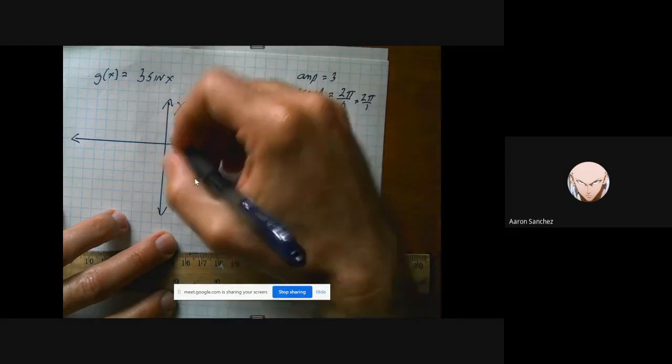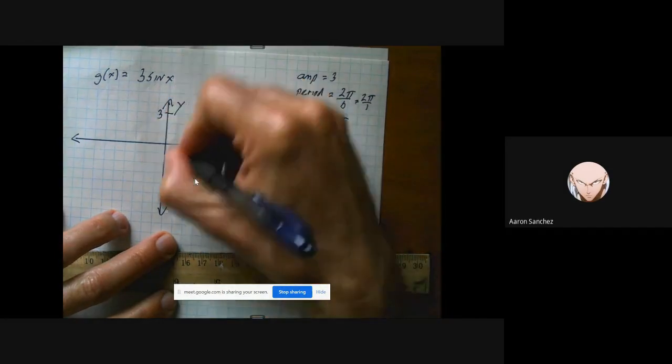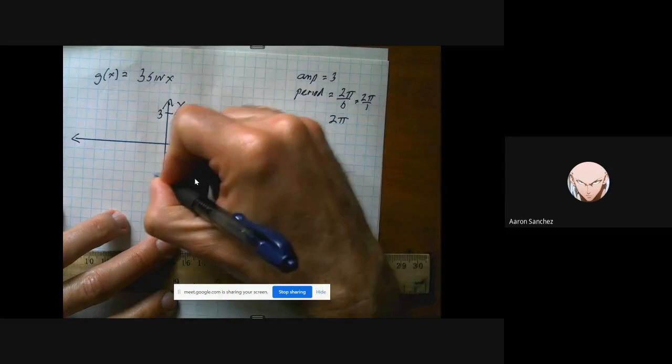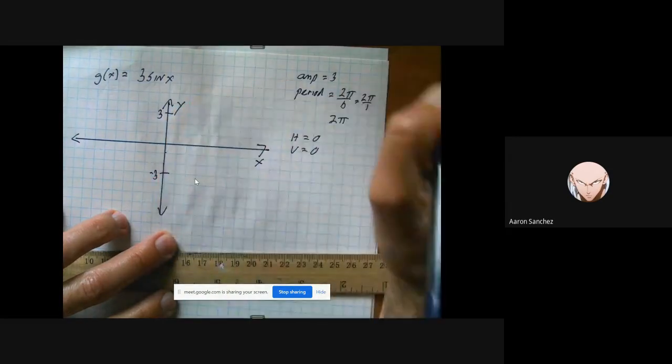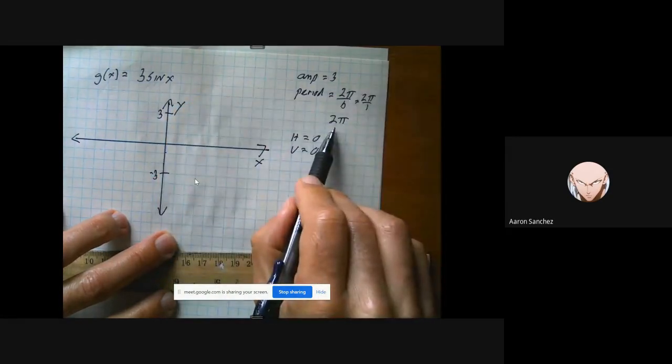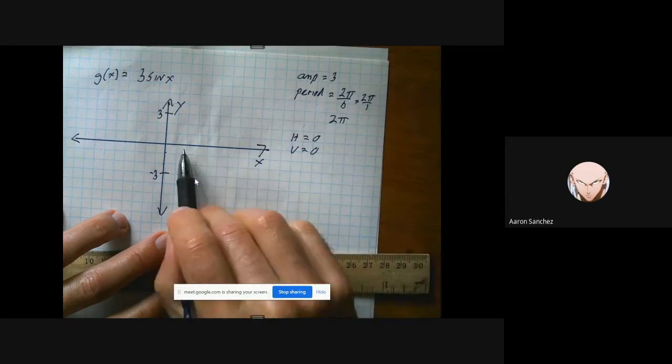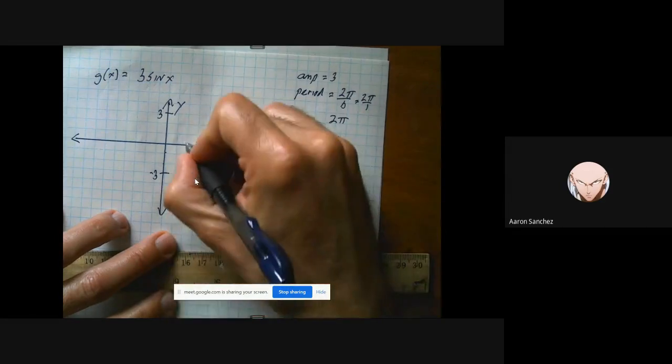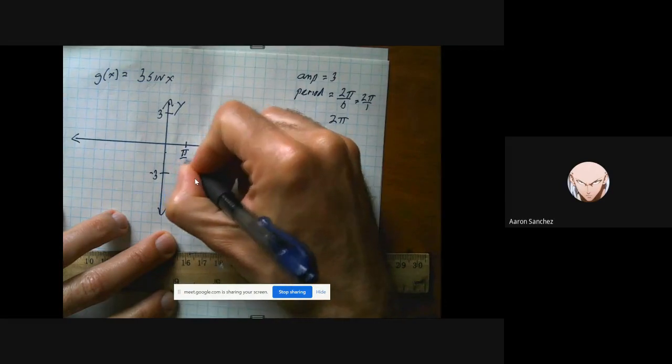So what I'm going to do is go up to 3, and that's going to be the top of my function. My period is 2 pi, so I want to make sure I end at 2 pi. I'm going to use the same numbers I did before. We're going to increase by pi over 2.